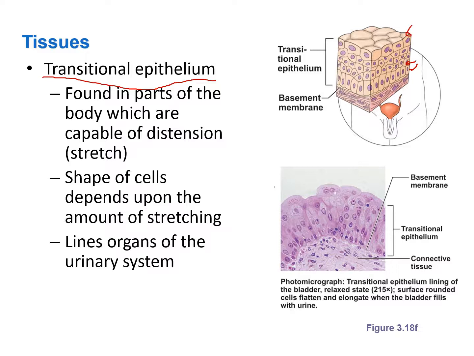The whole point of transitional epithelium is that these cells change shape depending on the stretch involved. You typically will only find these in the urinary system. And as you would imagine, the reason you would have this in the urinary system is because many of these organs, like the ureter and the bladder, undergo stretching as they hold the urine.